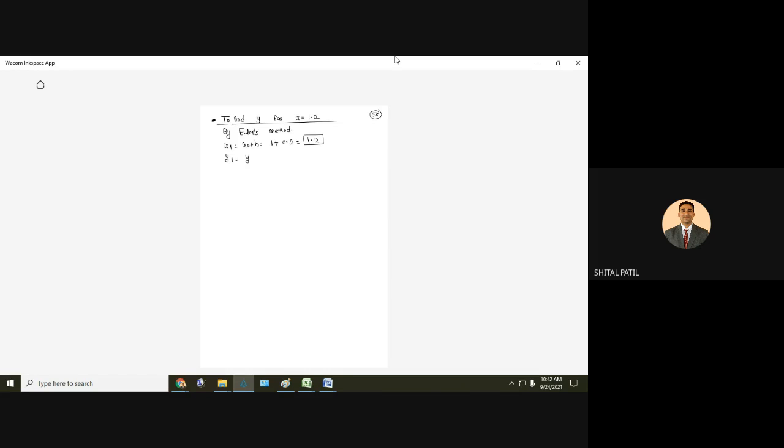y1 by Euler's method. While using log on the calculator, use ln on the calculator. y naught is 2, h is 0.2. Then log of x naught, x naught is 1.